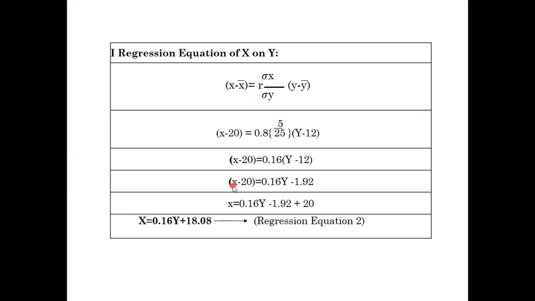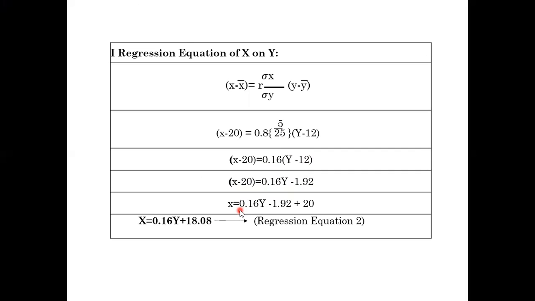Now x minus 20 is equal to 0.16y minus 0.16 into 12, which is 1.92.